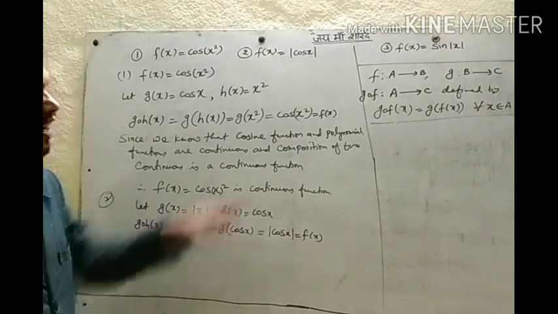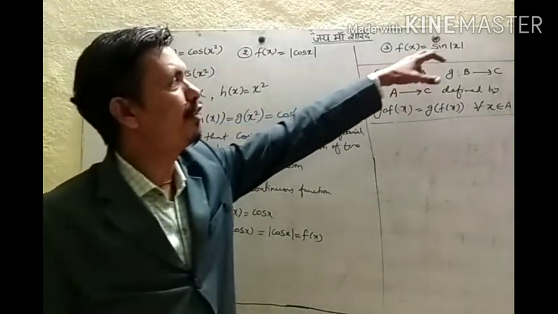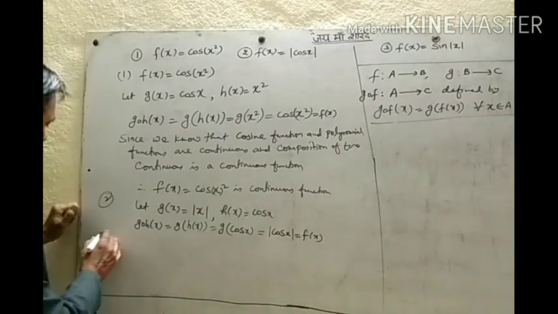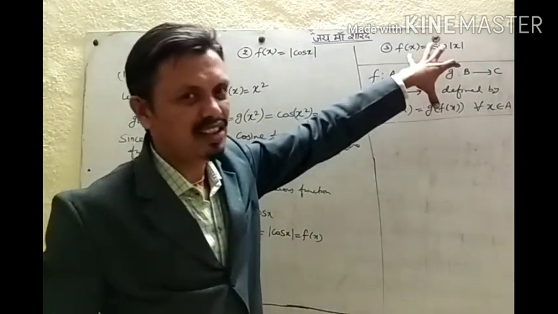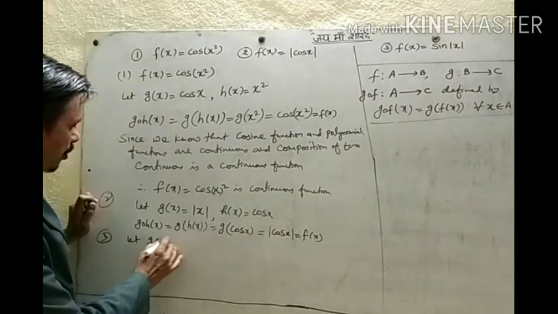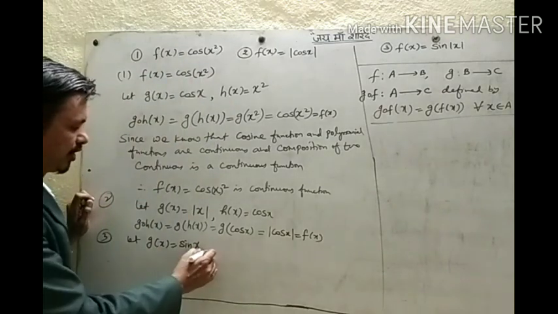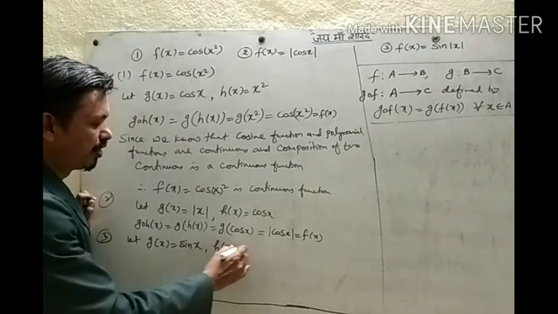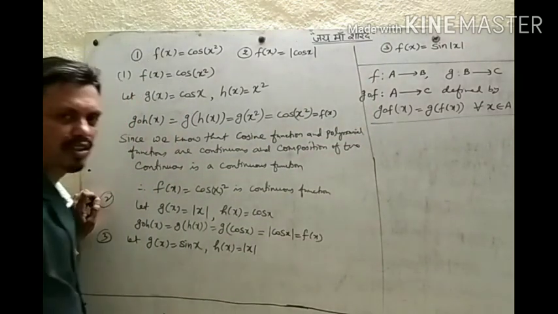In the same way we can see the third question, mod of sine of mod x. It starts with sine, so g of x will be sine of x, and h of x, whatever x we are assuming, is mod x.